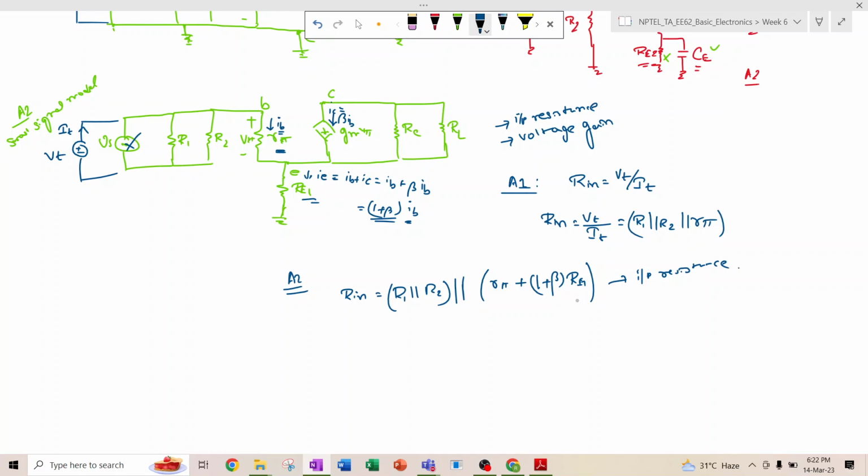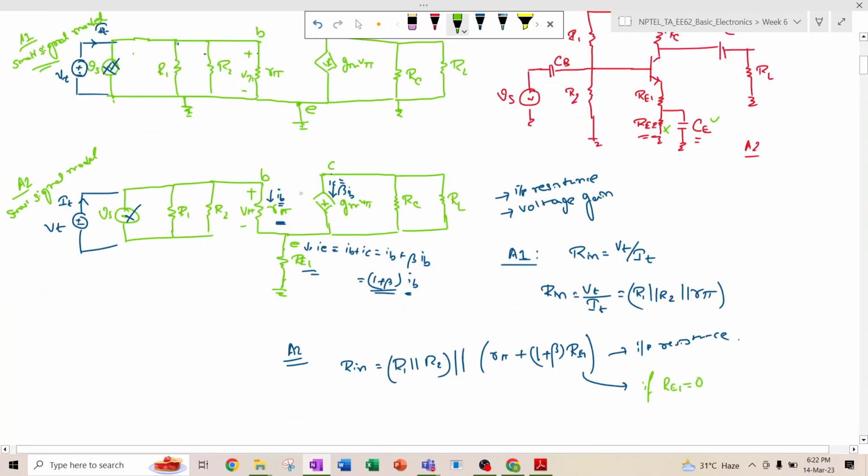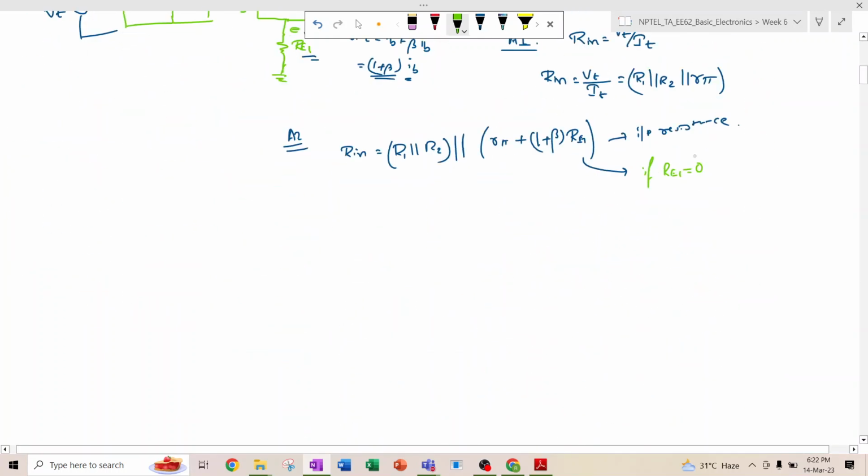We can also see, as one analogy, that if RE1 in case of A1 is equal to 0, then this Rin becomes R1 parallel R2 parallel with R pi.